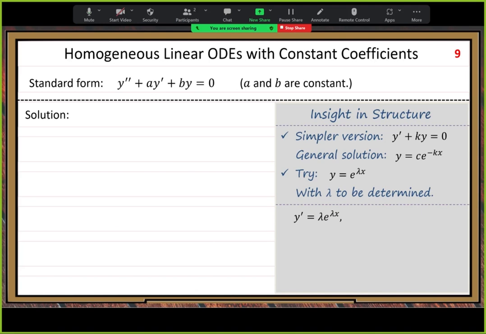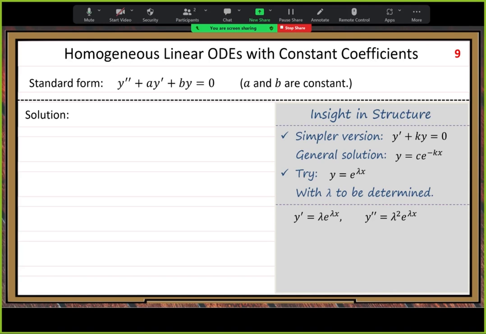So lambda multiplies the original function. Y double prime is lambda squared times the original e function. Pretty simple, the structure is very friendly. So let's put it back.